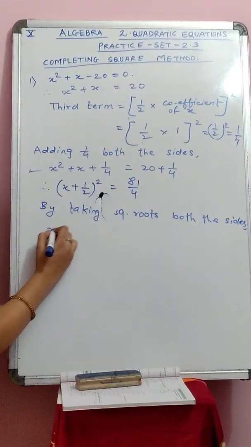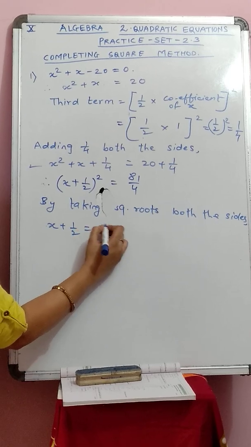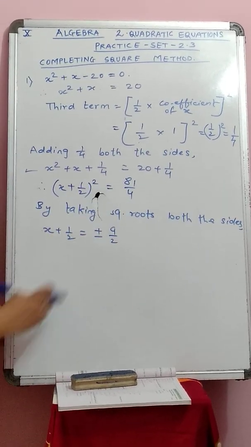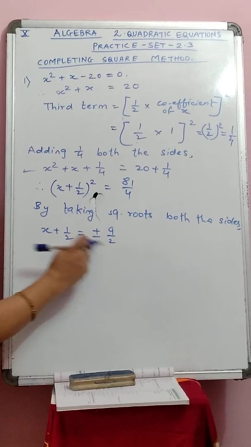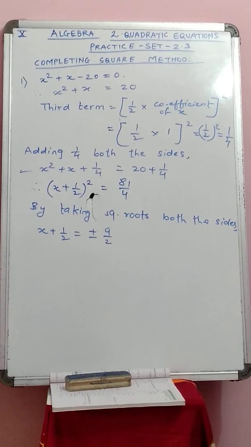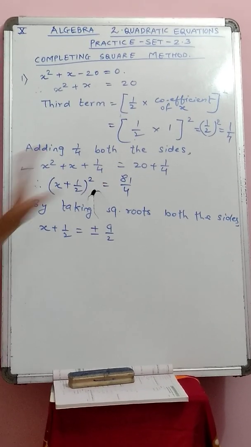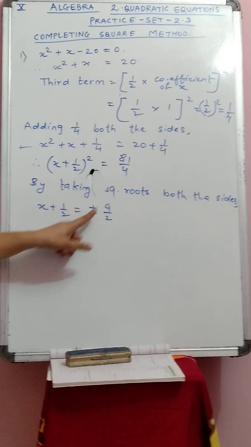What are you getting? X plus 1 upon 2 is equal to plus minus 9 upon 2. Square root of 81 is 9, square root of 4 is 2. And why is it plus minus? Because the square of plus 9 is also 81 and the square of minus 9 is also 81. So this is plus minus 9 upon 2.